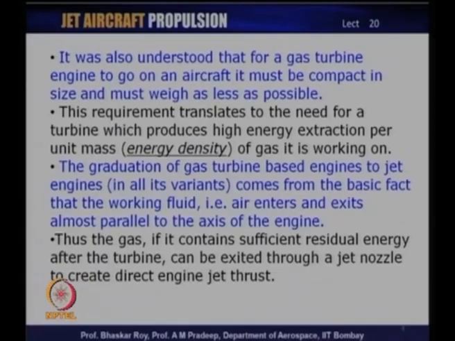Another issue is that in a gas turbine engine which goes on an aircraft, or a jet engine, the flow remains essentially parallel to the axis of the engine, or axial flow. So, this kind of gas turbine is referred to as an axial flow turbine, and the flow going into the turbine also comes out of the turbine more or less axially, and then goes into a nozzle which creates the jet and produces the thrust of the jet engine.